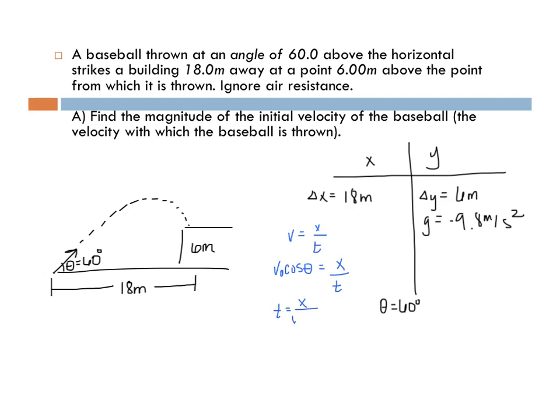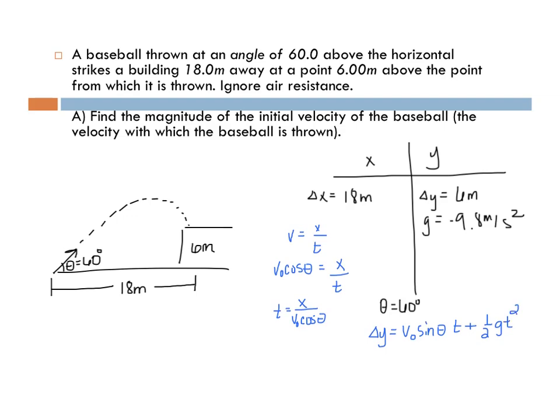I now have an equation for time. Again, I don't know all of these pieces, but at least we're getting rid of one unknown. If you can kind of see where this is going, I can go back to my y information and say, well, my displacement in the y direction is going to be v naught sine of theta times time plus 1/2 g t squared.